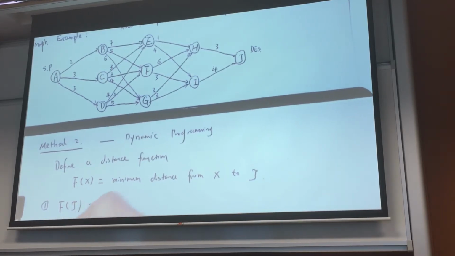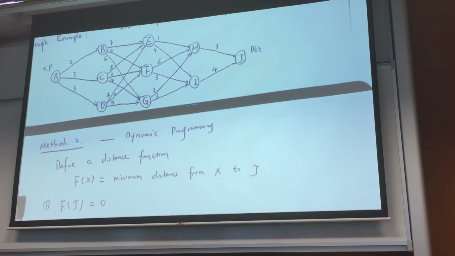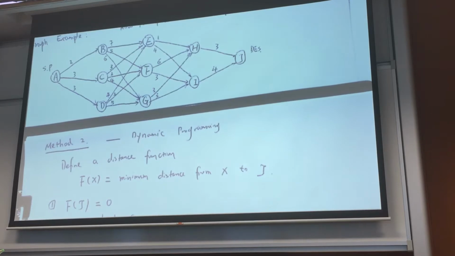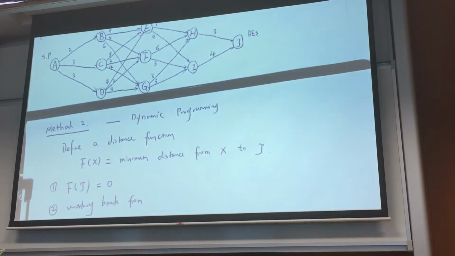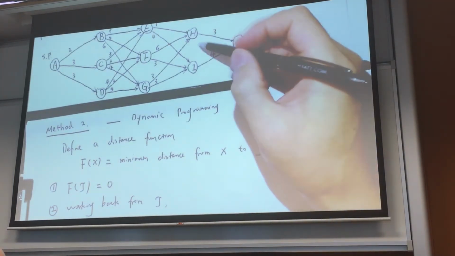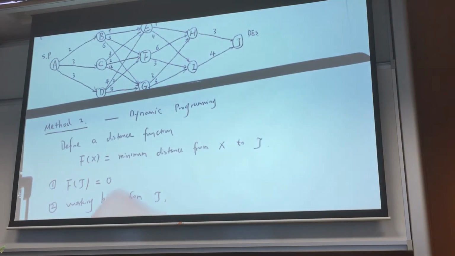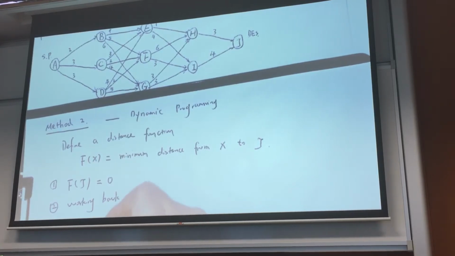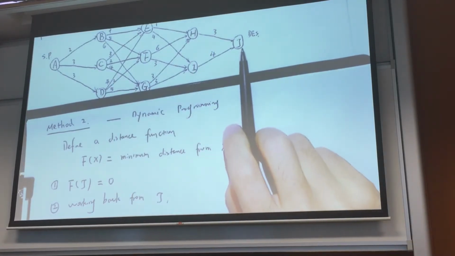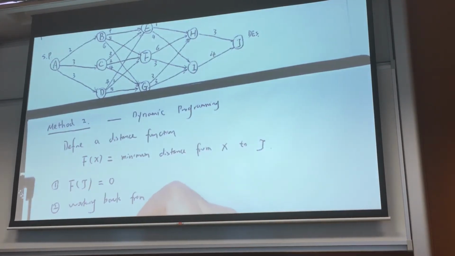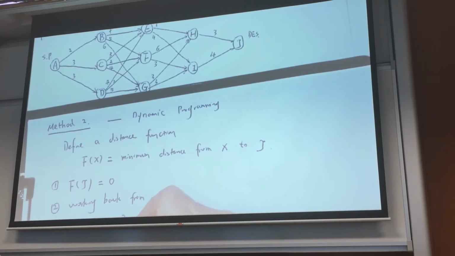Next we work back from the destination J. That will go to the nodes H and I. From H to the destination there is only one route, and the cost, also the distance, is 3.